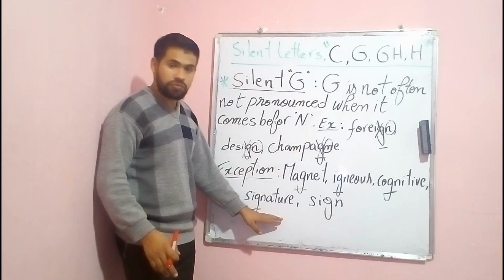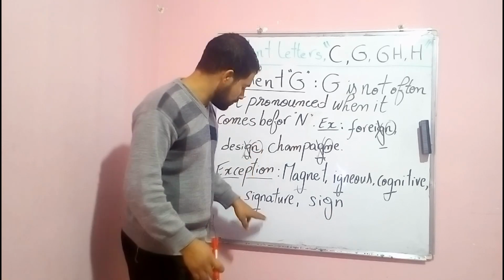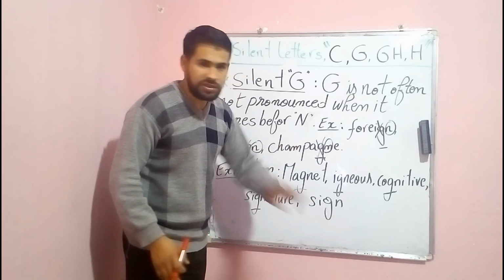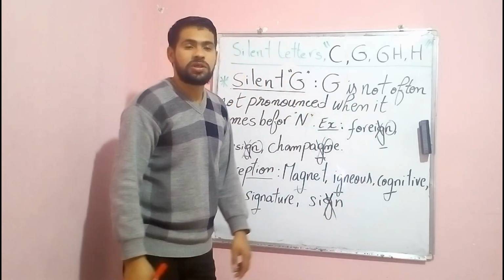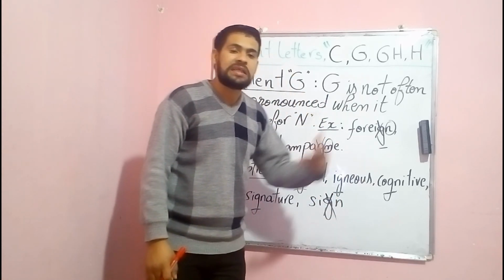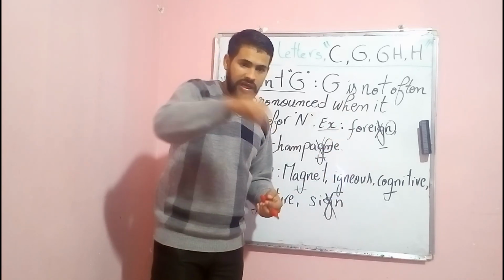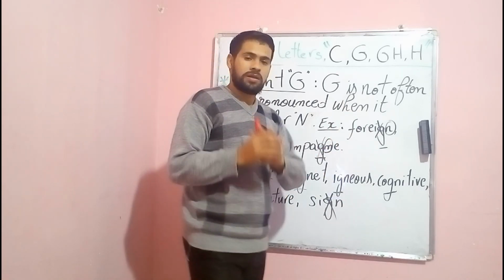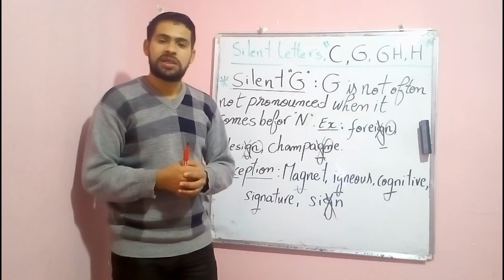In the noun we pronounce it, we say signature, it is pronounced, but in the verb it is not pronounced. We do not say "sig-n", we say "sign", to sign, okay? That's for the silent letter G.